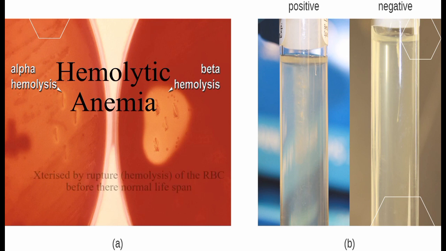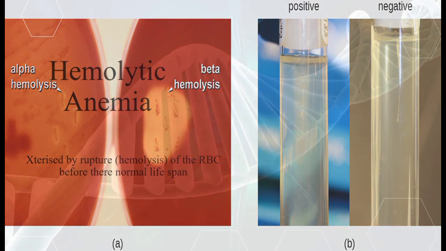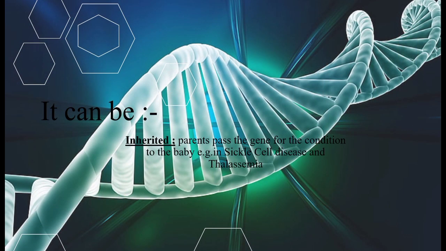This is characterized by the rupture of the red blood cell before the normal lifespan. And it can be either inherited, where the parent can pass the gene for the condition to the baby, e.g. in sickle cell disease or in thalassemia, or it could be acquired, where the baby is not born with the condition, but then it develops due to another disease or condition or any factor.